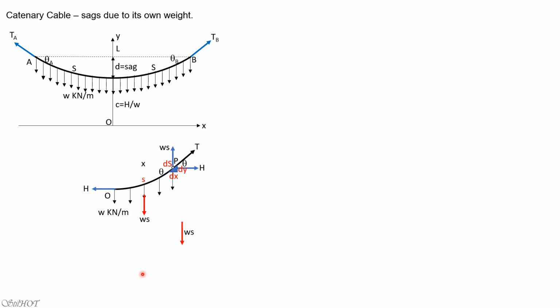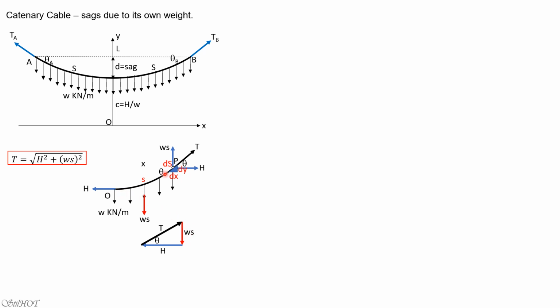So that's it. So first triangle, we have Ws, then H to the left, then tension, which is equal to T. And this angle here is theta. So tension is the square root of H squared plus Ws quantity squared. So what is new here is that from the parabolic cable, it was Wx.